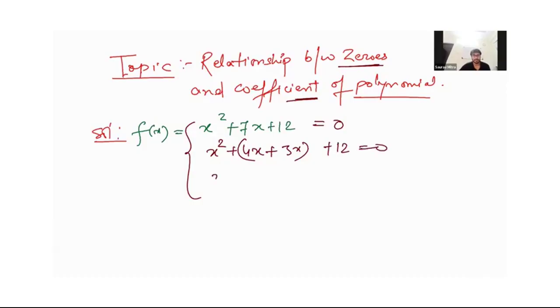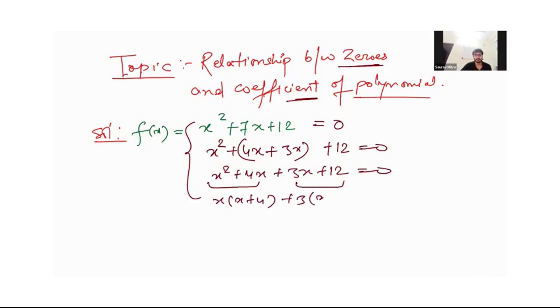Now combine the first two terms and the last two terms. You will have x into x plus 4 plus 3 of x plus 4 equals 0. Now x plus 4 is common, and x plus 3 is your next term, equal to 0.